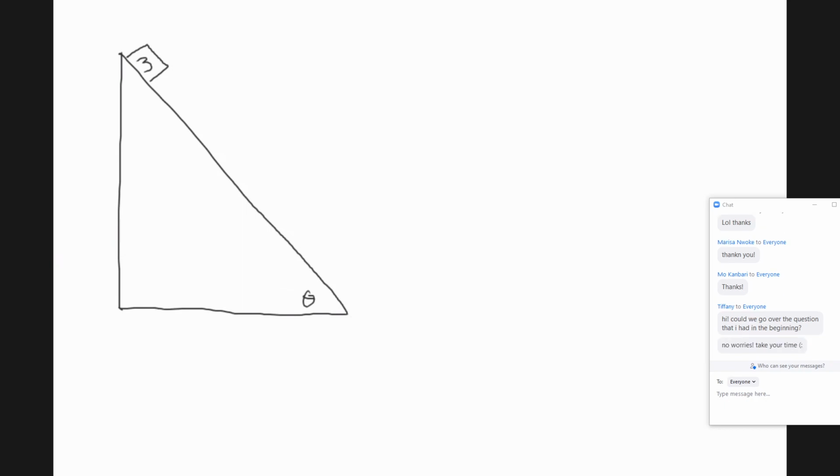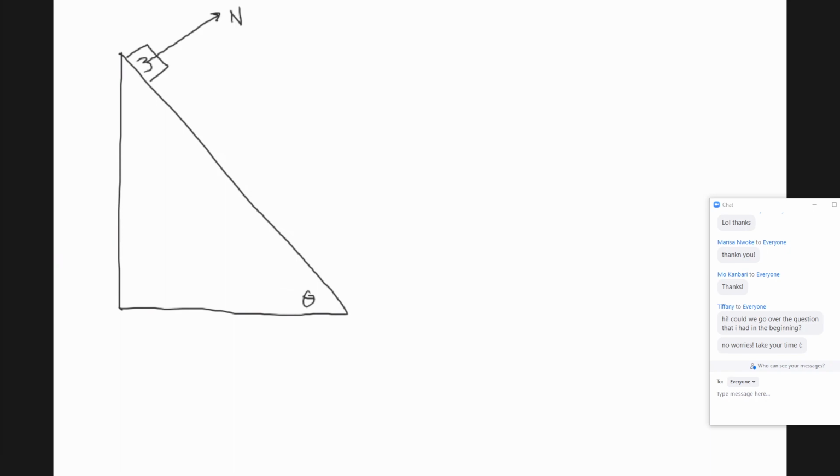Yeah, you're next, Tiffany. Okay, so we're looking at vectors, right? So let's draw our vectors. What are the vectors acting on this object? You have the normal force going perpendicular, so straight up. Not straight up. Perpendicular is this direction. Perpendicular to what? The resting surface. Okay.